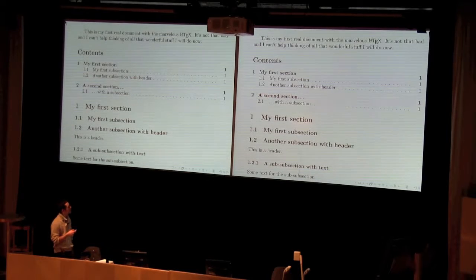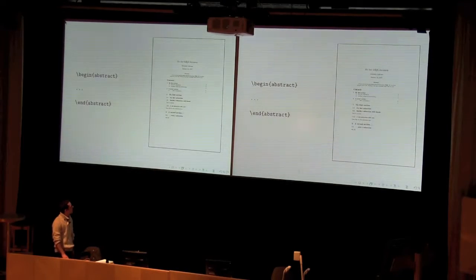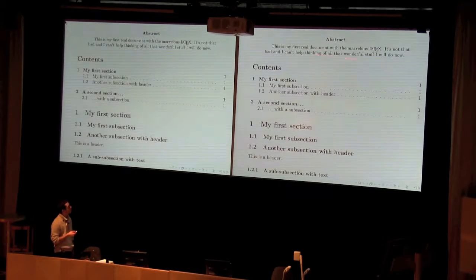It still appears in our document, so this is not correlated. Maybe a little abstract of your document may be useful. You have this environment, you put the text in it, and then you have your abstract.